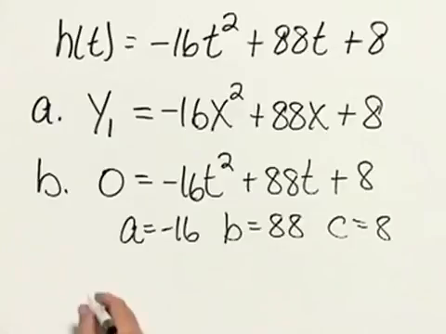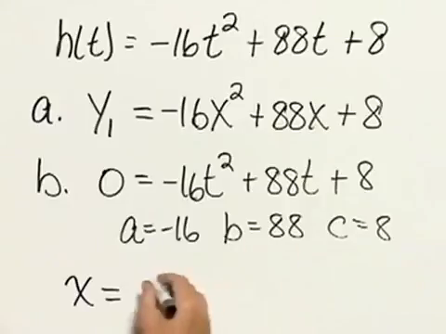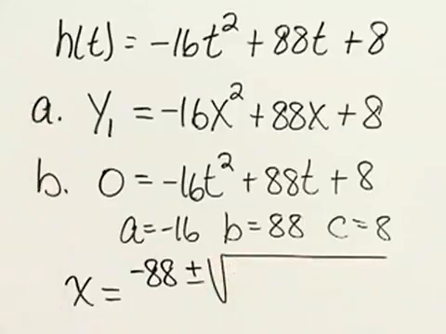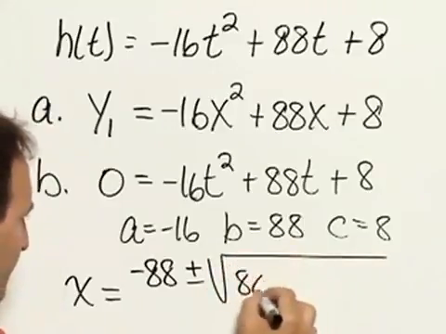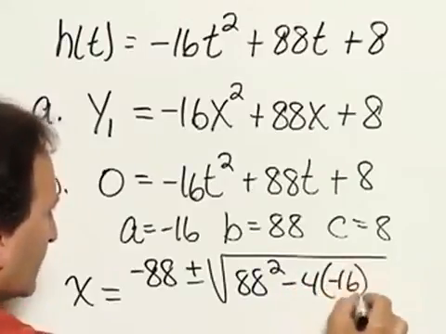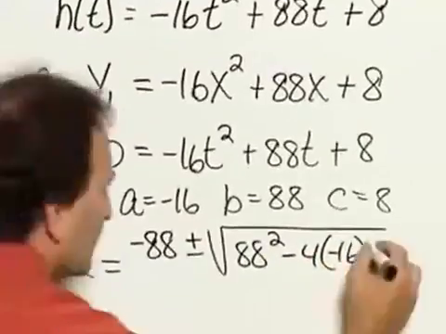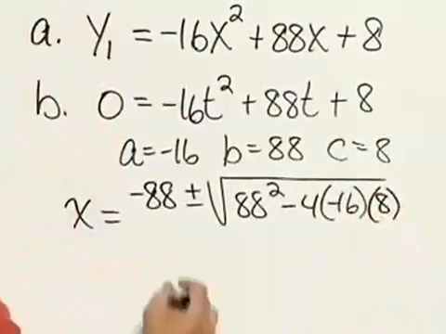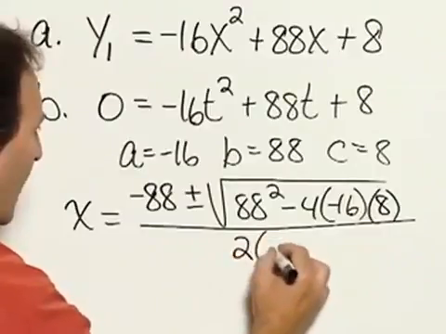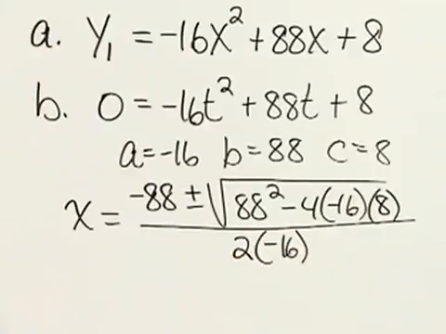So using the quadratic formula, we have x equals negative B, negative 88, plus or minus the square root of b squared, which is 88 squared, minus 4 times A, which is negative 16, times C, which is positive 8, and all of that divided by 2 times A, which is negative 16.